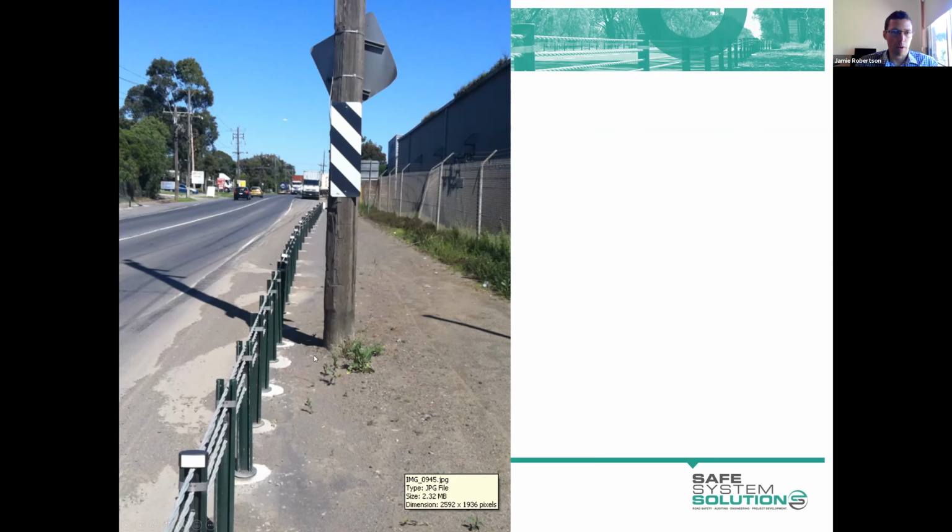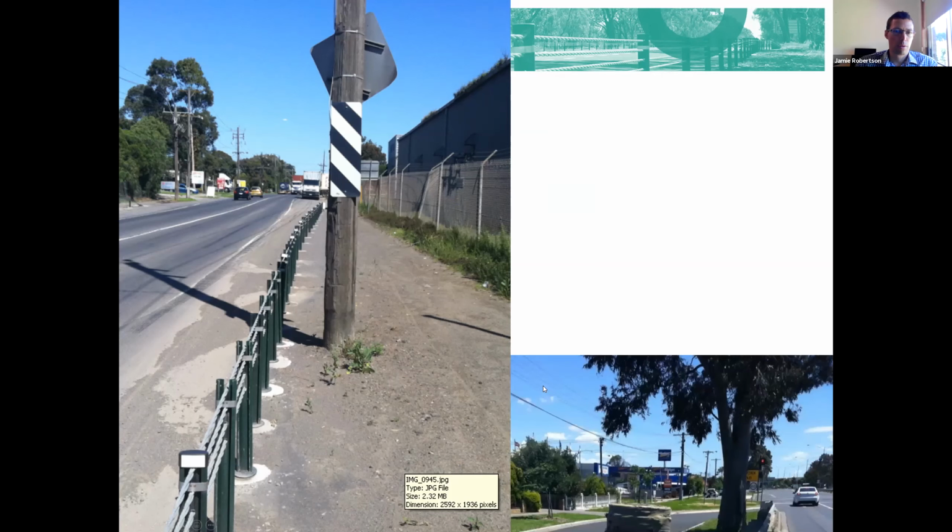It's a fairly low speed environment, so the barrier wouldn't deflect by as much as the crash tested situation. I would suggest that a guard fence product would have been a better choice here because our speeds are lower, because we have concerns about deflection. That would have been a better choice.